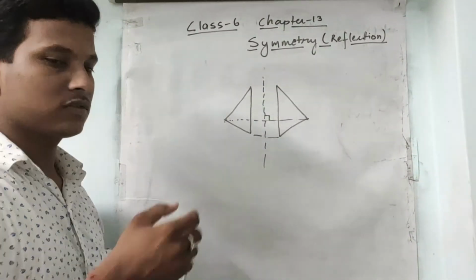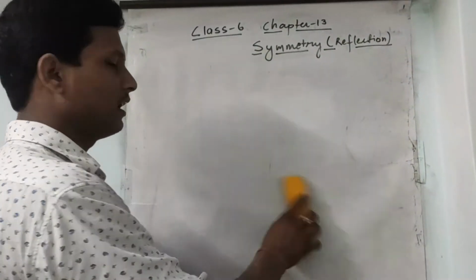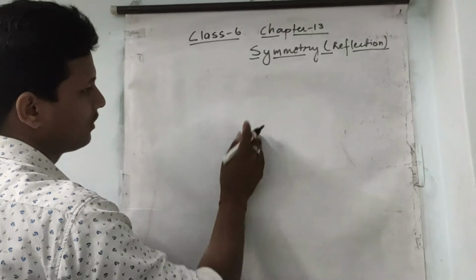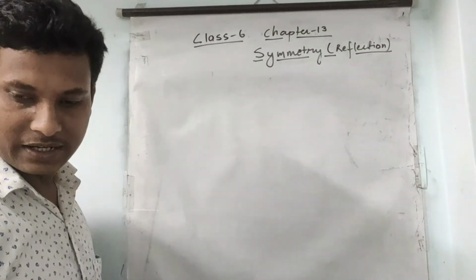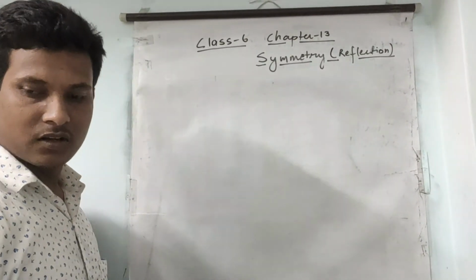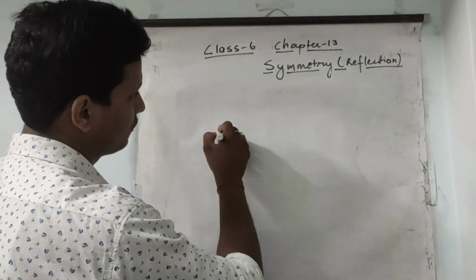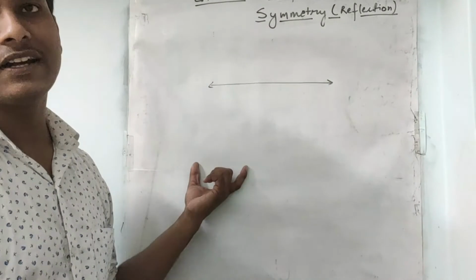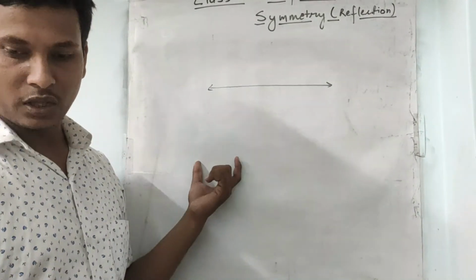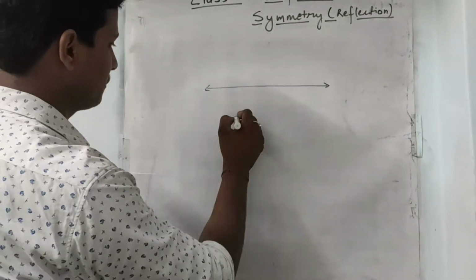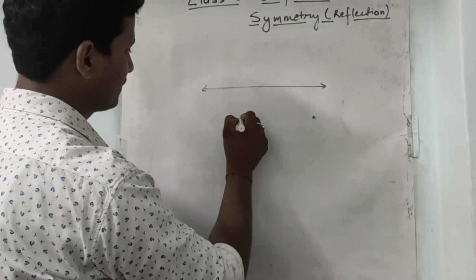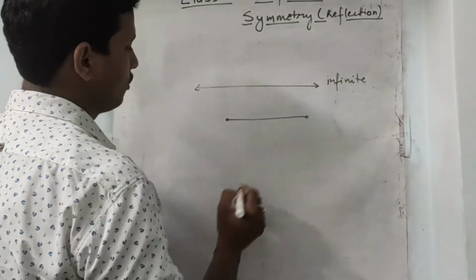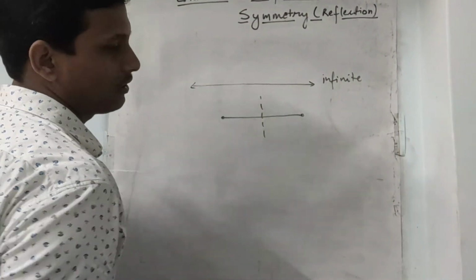Now I am telling you some lines of symmetry so that you can understand. For a line, the lines of symmetry are infinite. Suppose you are drawing a line of symmetry here, you can draw an infinite number of lines of symmetry. Now a line segment has a particular measurement, so here you can draw only one line of symmetry.